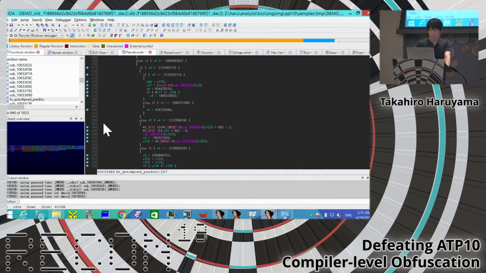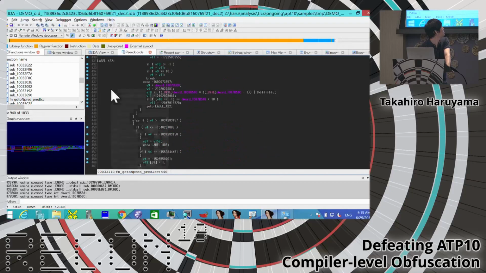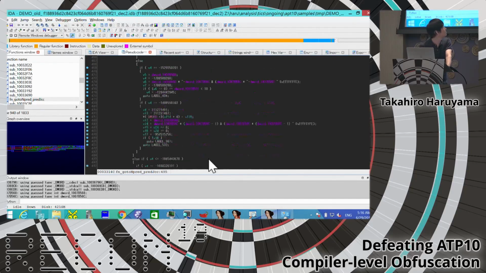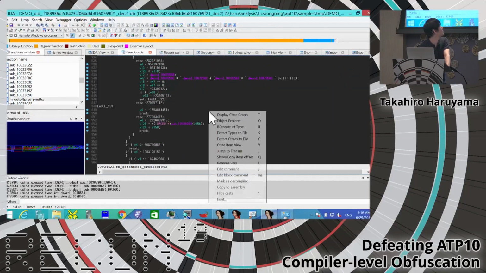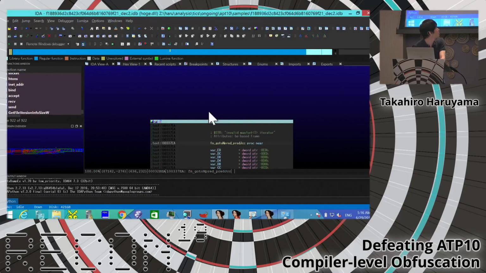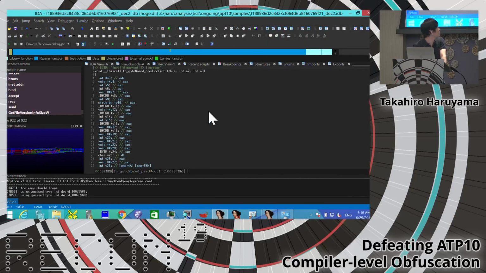So manual analysis is not realistic. By using the tool, after the de-obfuscation, the code becomes straightforward.